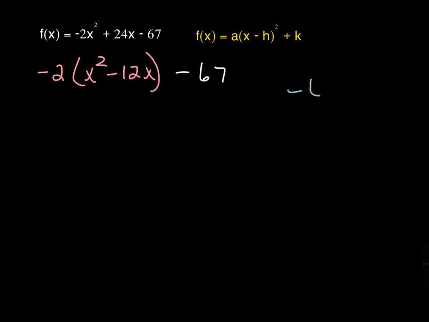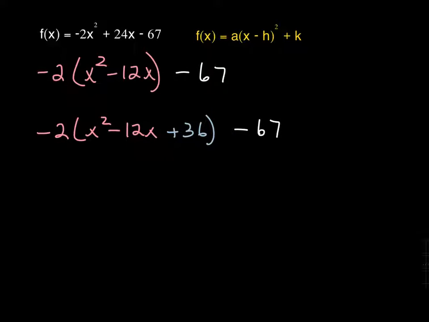So we have negative 6, and then we're just going to take that and square it to find out what the other part of this term needs to be in order to turn it into a perfect square. So negative 6 squared is just 36. So we're going to add 36 to this.